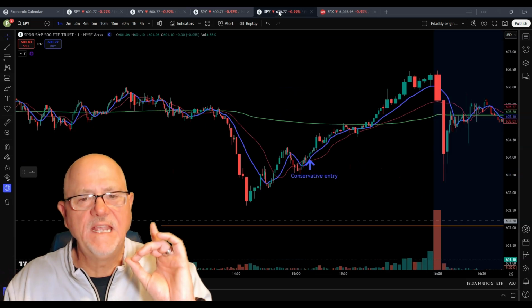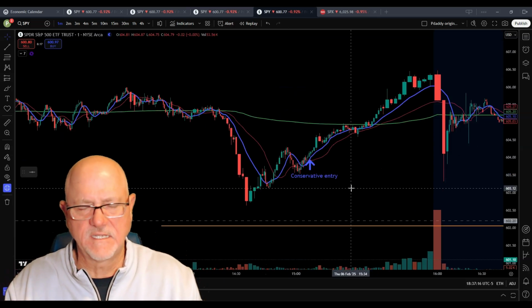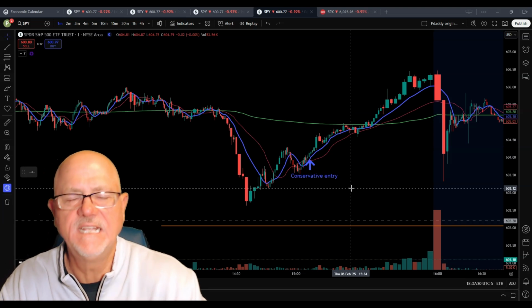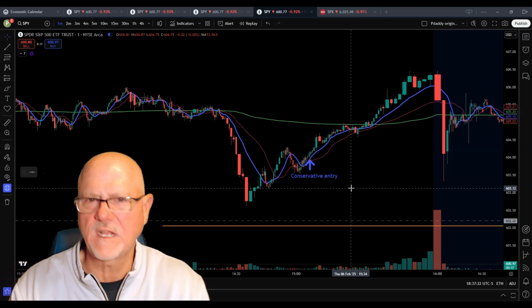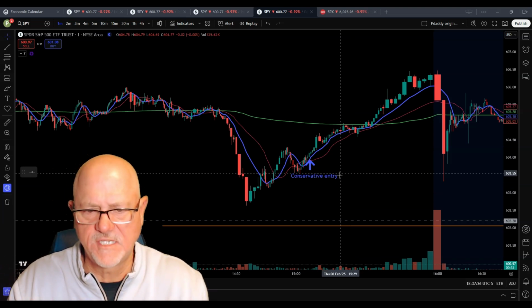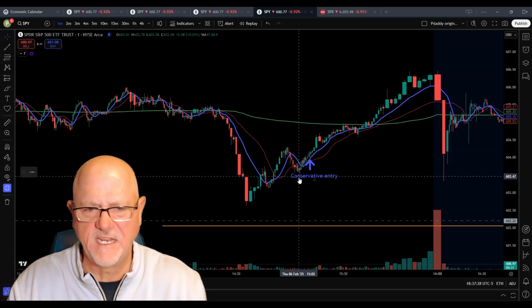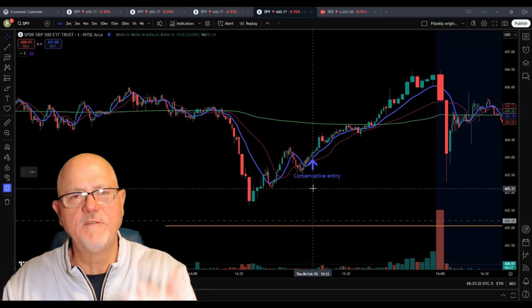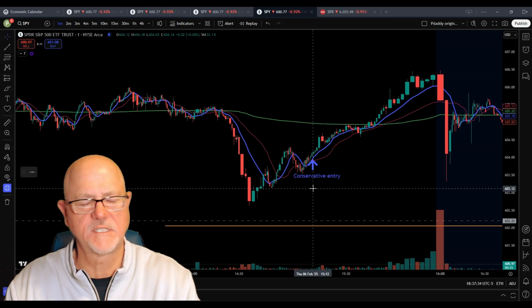Now, the last tactic, or the fourth tactic in the overall strategy, is the conservative strategy. I call it the conservative strategy because you're not jumping anything, okay? So you're not jumping anything from a major level down here or some play over here. You're actually waiting for the cross. So let's talk about the cross to the upside.